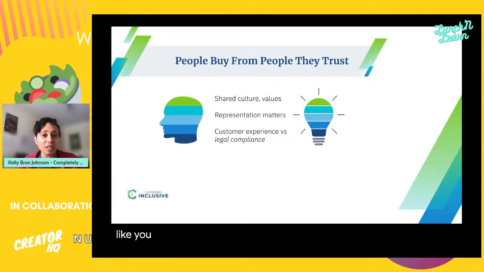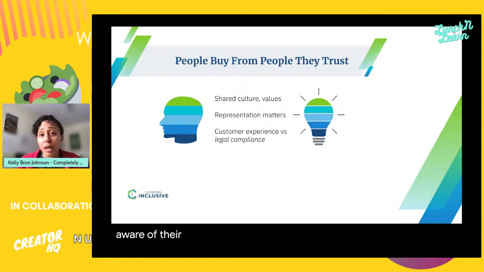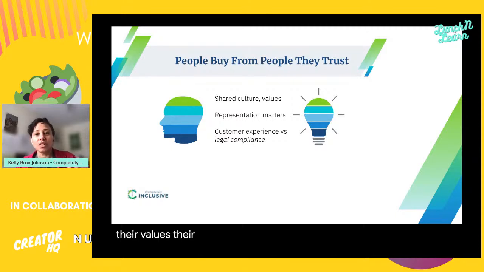They have to like you, at least a little bit usually. And that's really important, especially with younger generations now, where they're already much more socially conscious, socially aware. They're aware of their impact. They're aware that they have buying power and they have choices. So they're going to go to people that reflect their values, their shared culture. This is super important to them.